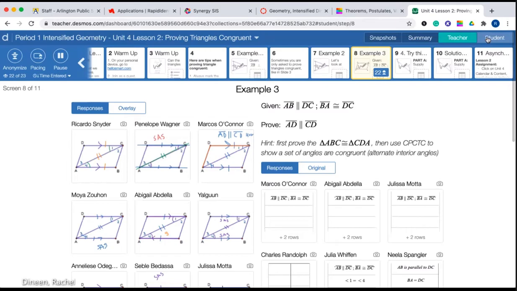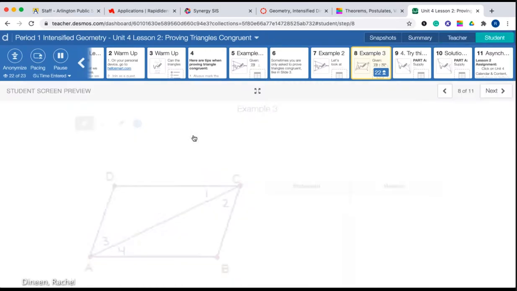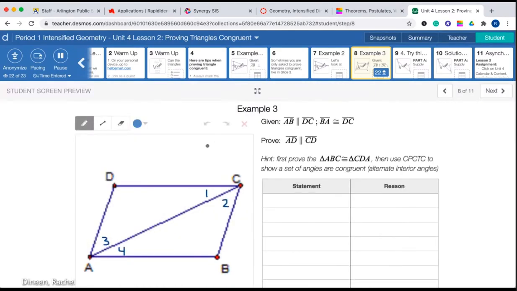So if you all could look at my screen for a second. So first we are told that, I'll just mark the obvious ones. Segment BA is congruent to segment CD or DC because of the reflexive property. AC is congruent to AC.